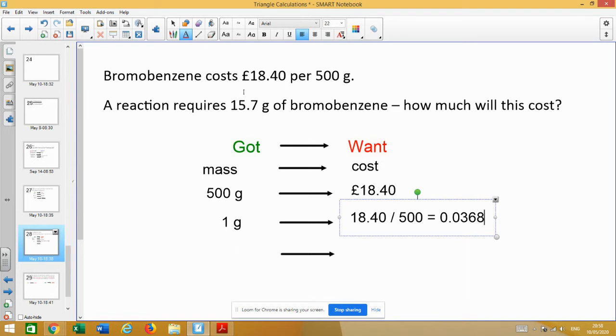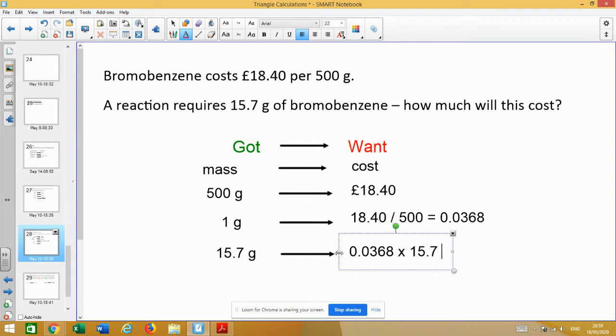Now, that's for 1 gram. We want it for 15.7 grams. So for that, we would do 0.0368 times 15.7, which gives us 58 pence as our final answer for that.